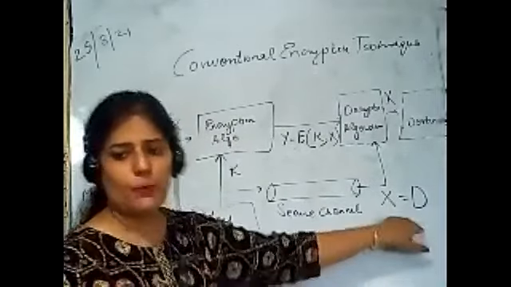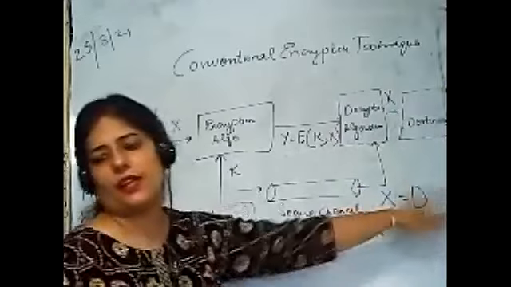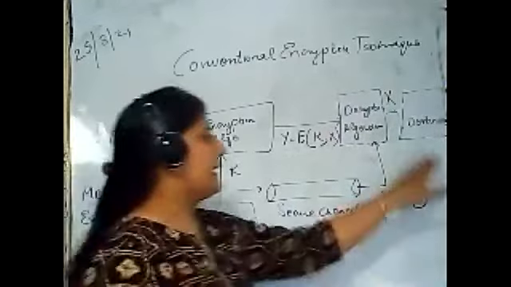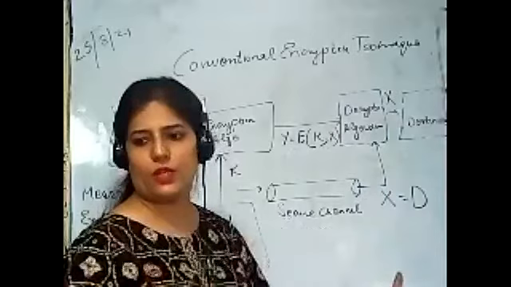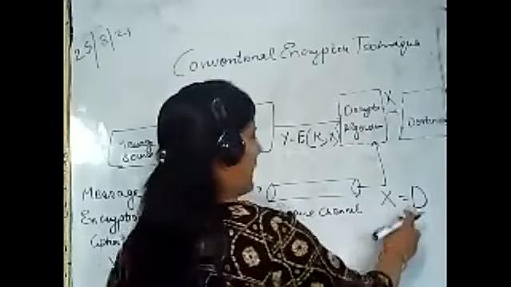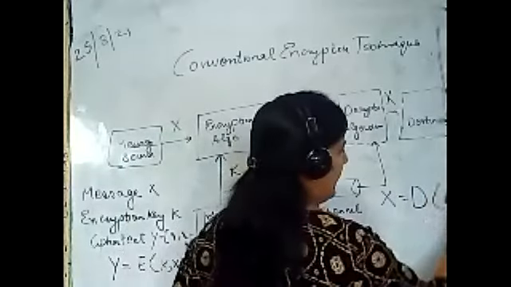Okay. You are implementing the decryption algorithm at the destination side or the receiver side, or we can say any node that is required to receive that actual text message. So we are representing x equal to D, and finally we have that k again.